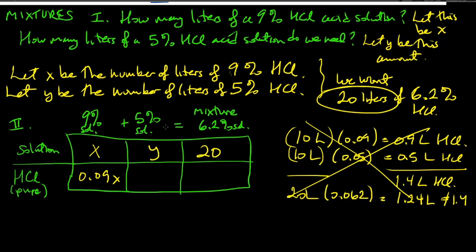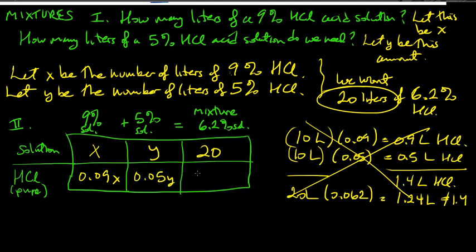All right, so going back to the table here, 5% of Y liters is 0.05 times Y. So that's how much pure hydrochloric acid is in the 5% solution. So now we can answer this a couple of ways.